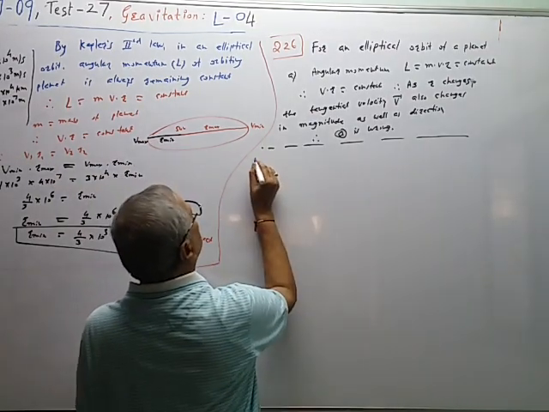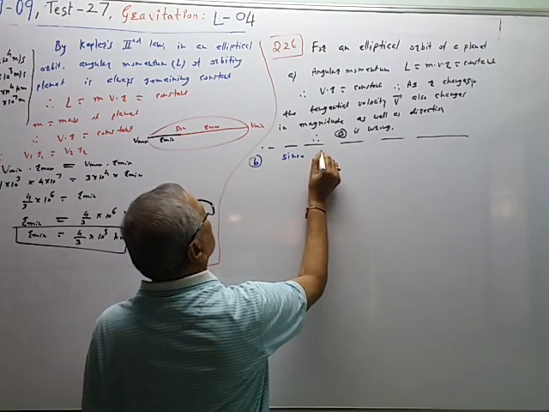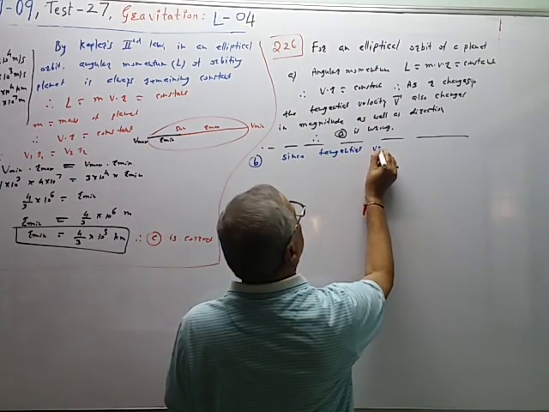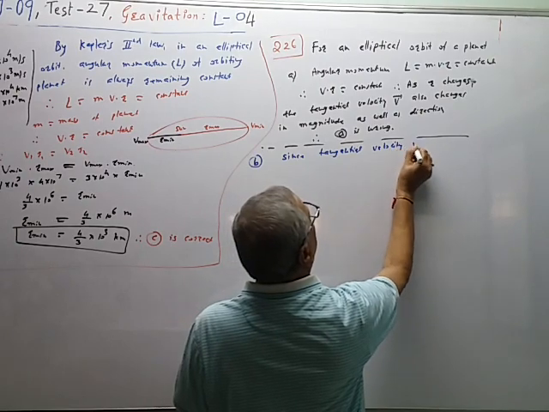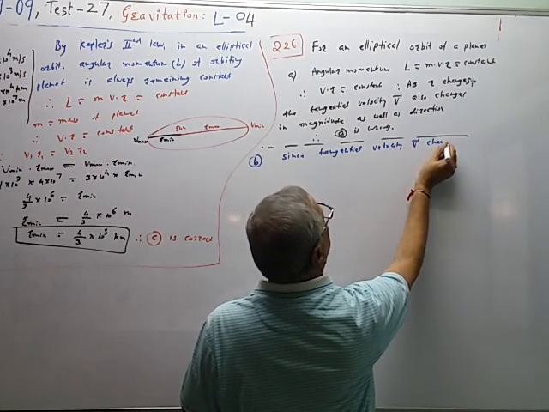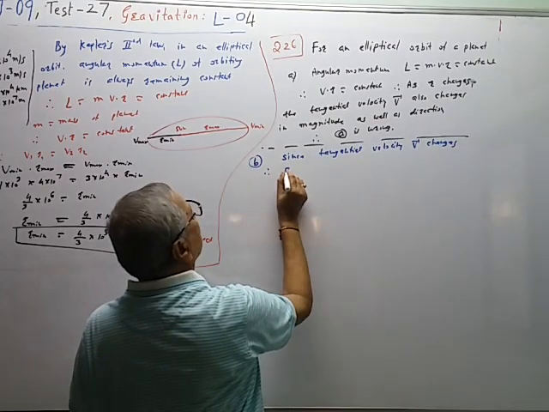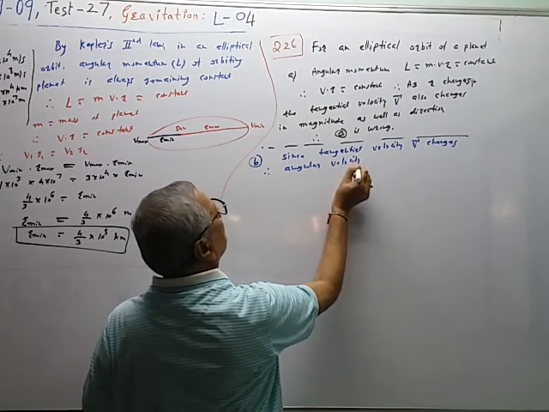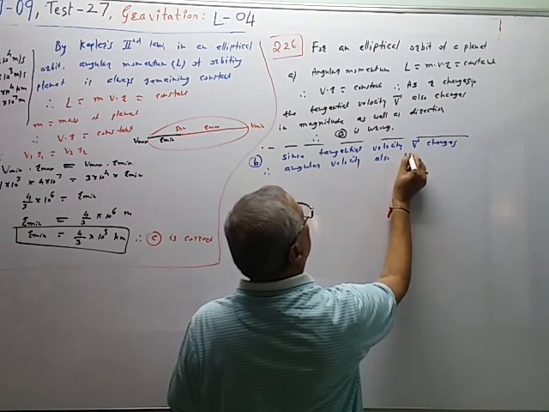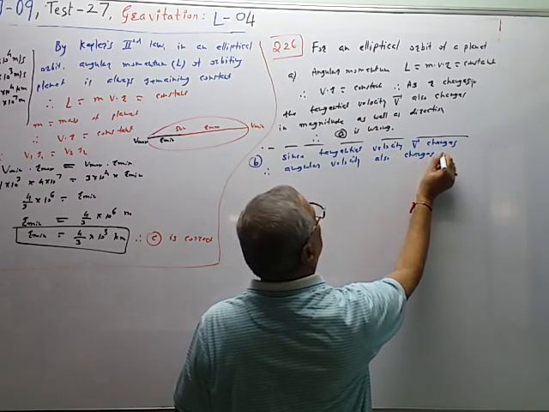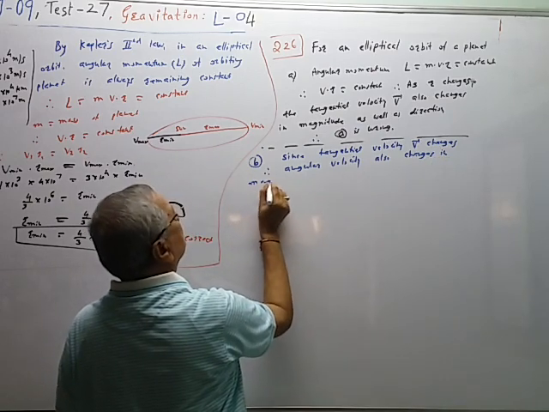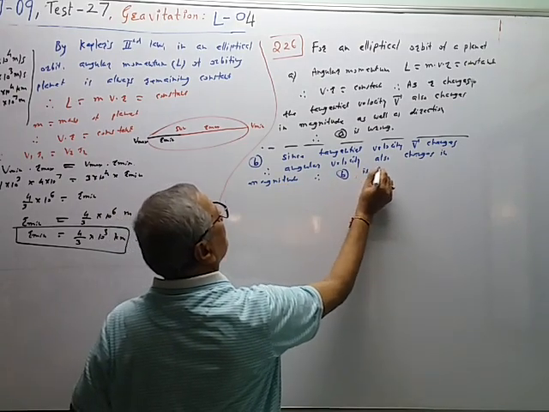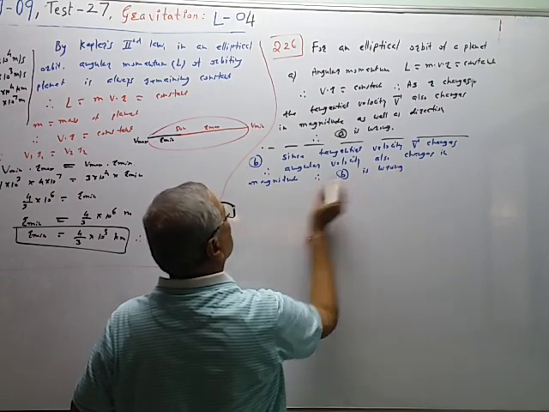B. Since tangential velocity v changes, the angular velocity also changes in magnitude. Therefore, B is wrong.